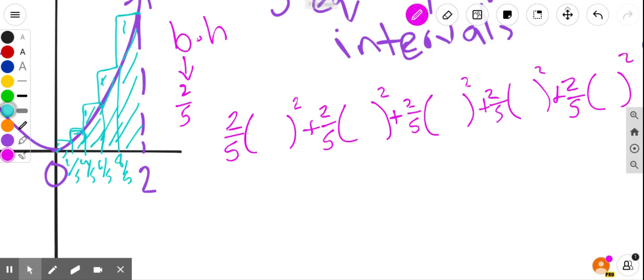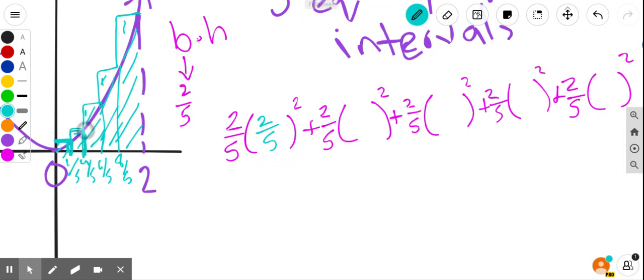All right. So if I think about this first rectangle that I have, it goes up and it goes over, and the height of that would actually be from the 2/5 squared.